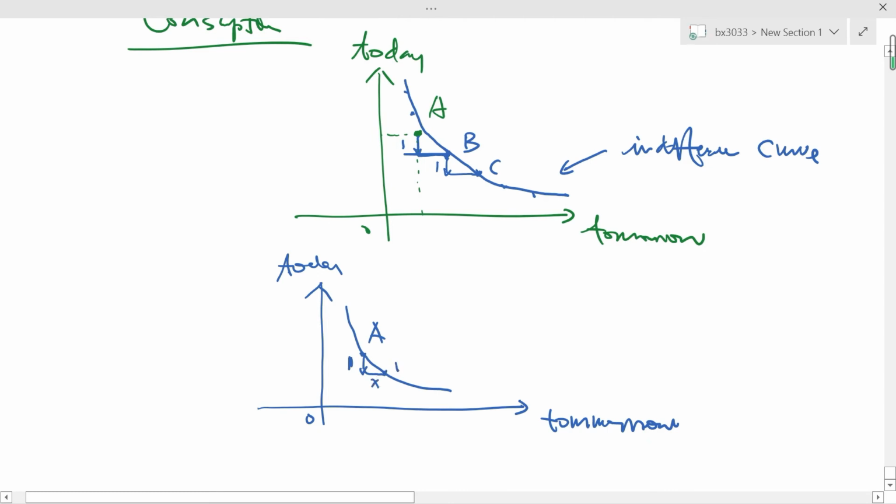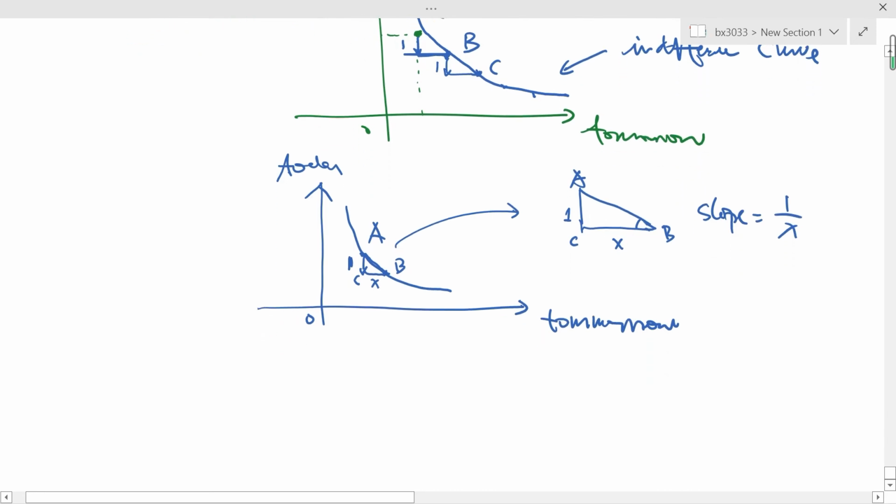So we arrive at point B, and I'm going to call this C. I'm going to link AB, and form a triangle. I'm going to move this triangle out and zoom in so that it's easier to see. A, B, C, 1, X. The slope here can be measured by 1 over X. So this X actually measures the slope.